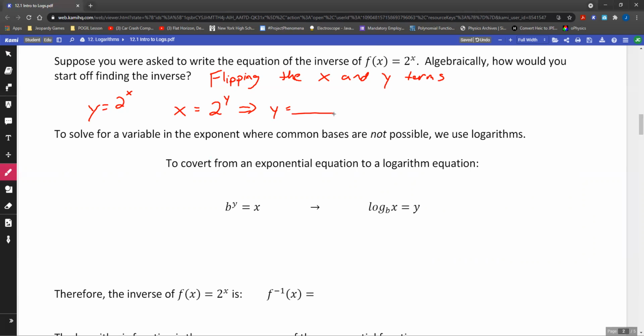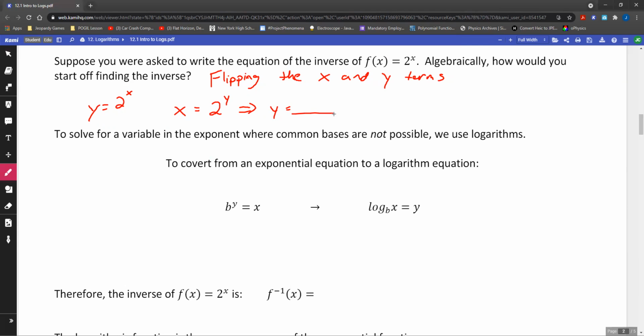And that's where the concept of logarithms is going to come in. There's really no way for us to solve the equation for y without doing this. So the thing to note is this. If we have a scenario where it's b to the y equals x, we can rewrite this as log base b of x equals y.